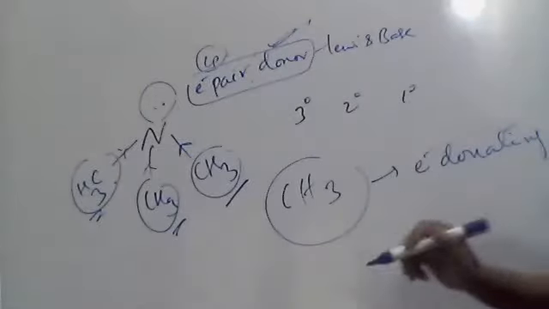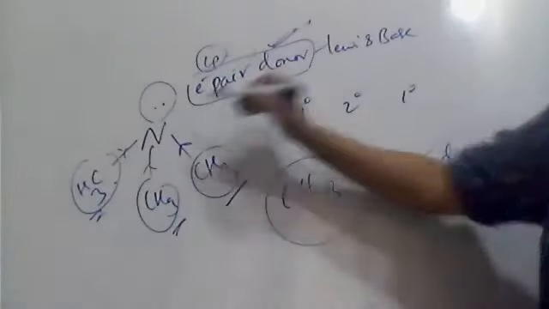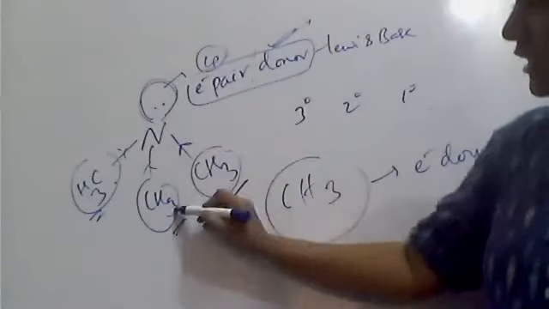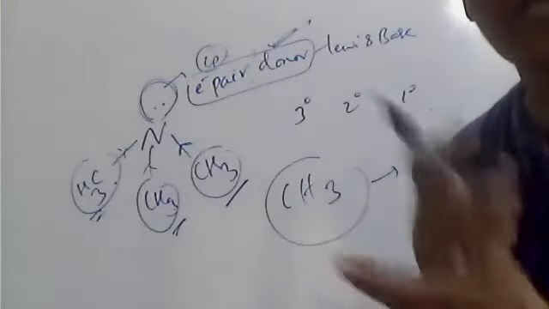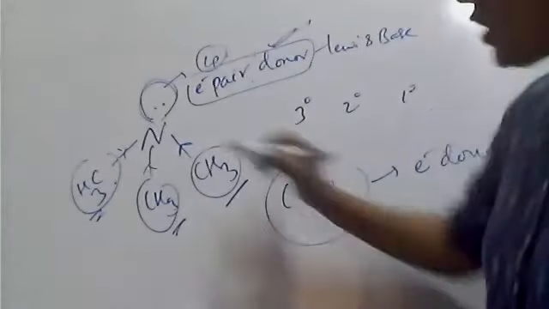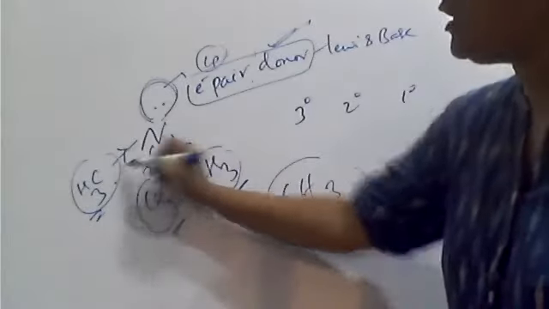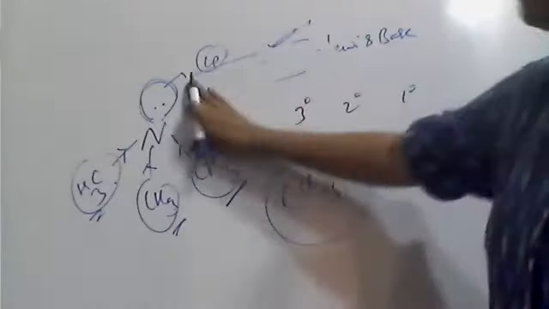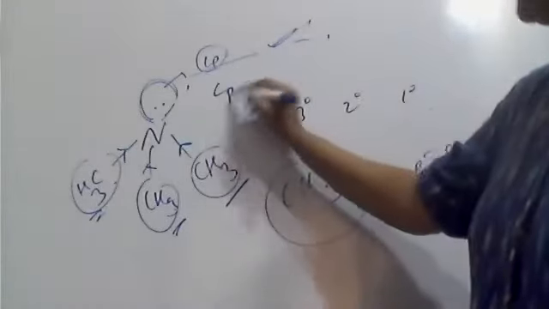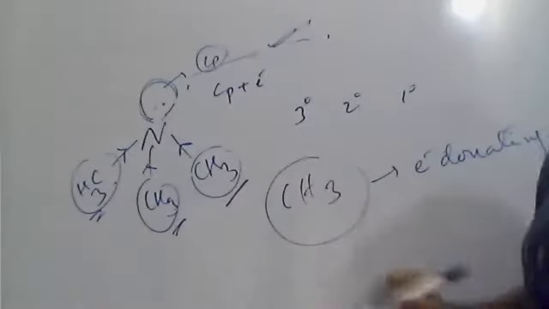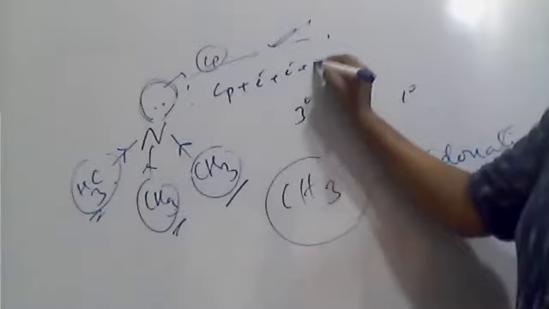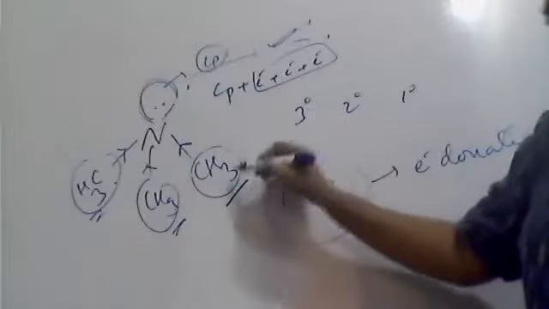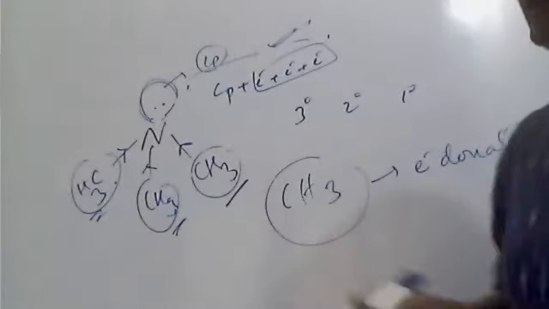So here, in tertiary amines, along with the lone pair of electrons which can be donated, these three alkyl groups are electron donors. So all three groups donate electrons to the nitrogen. On the nitrogen, along with the lone pair, the electron density from these groups 1, 2, 3 increases, so the electron density increases three times.